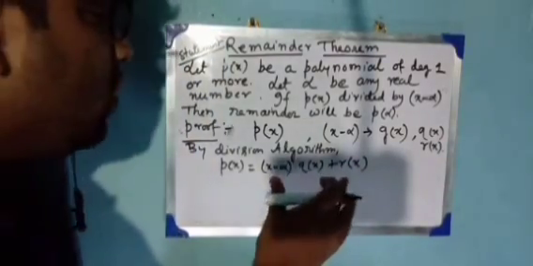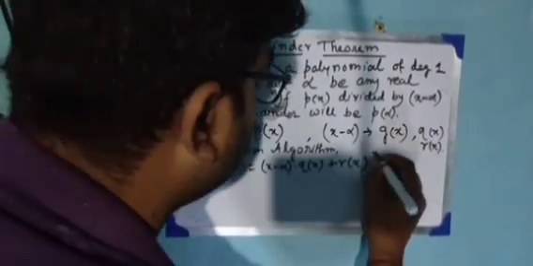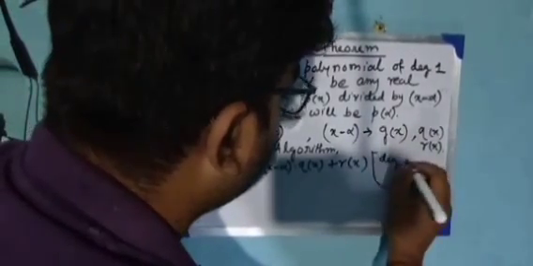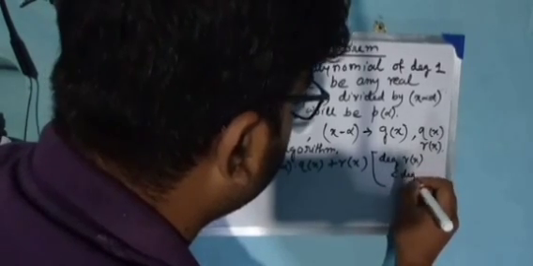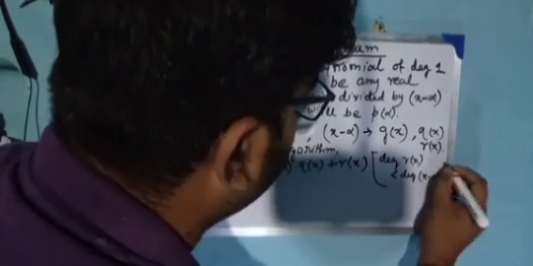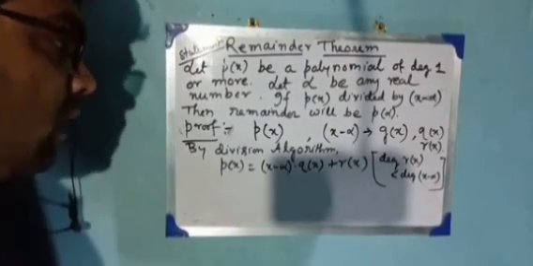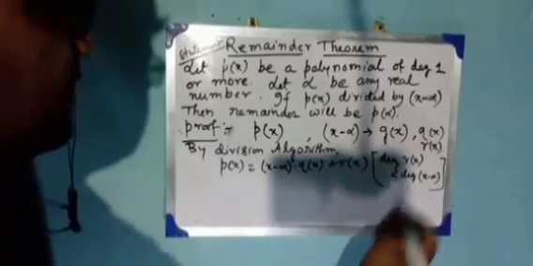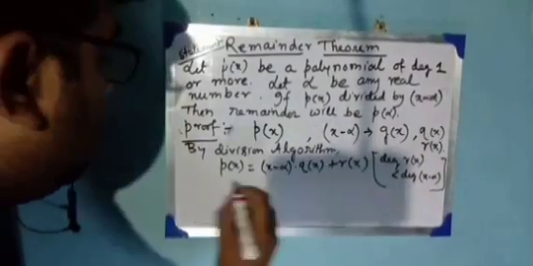where the degree of r(x) is less than the degree of x minus alpha. Now, the degree of x minus alpha is 1.